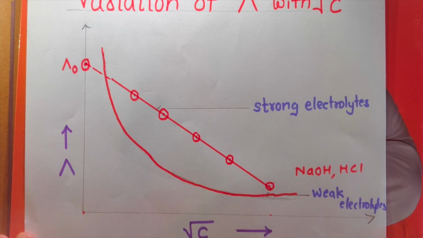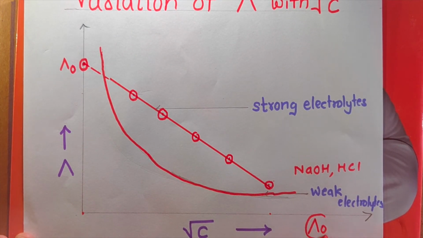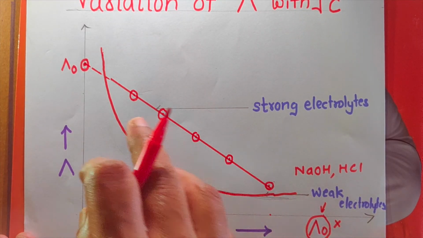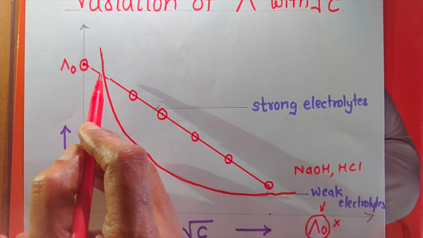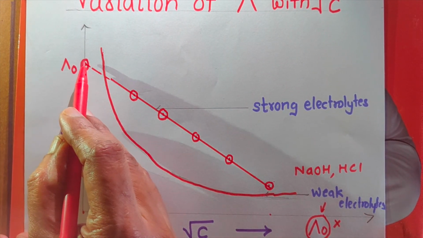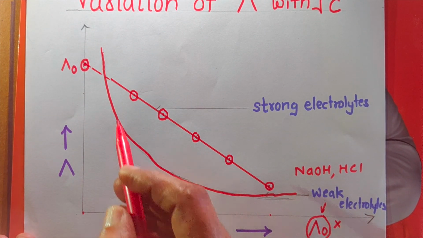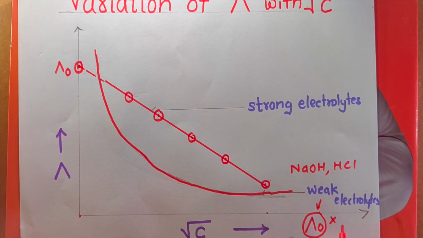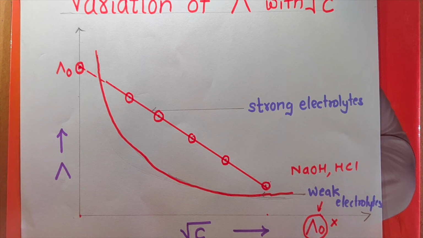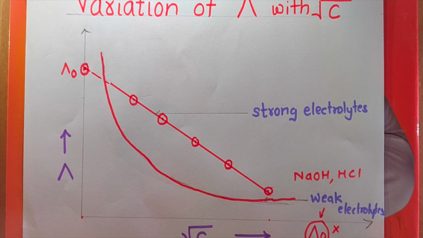Remember, for strong electrolytes we obtain a straight line and can determine the value of lambda 0. But for weak electrolytes, the value of lambda 0, that is, molar conductivity at infinite dilution, cannot be determined directly. It can be determined by using Kohlrausch's law of independent migration of ions.